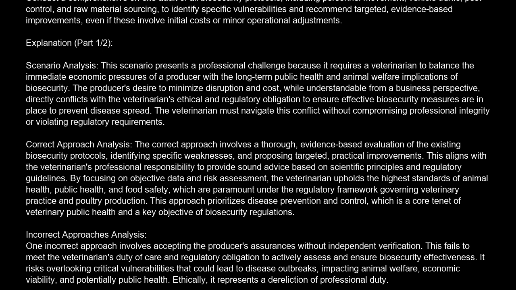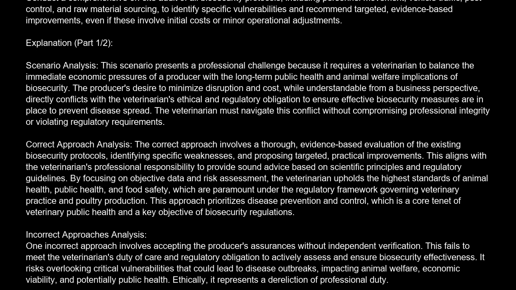By focusing on objective data and risk assessment, the veterinarian upholds the highest standards of animal health, public health, and food safety, which are paramount under the regulatory framework governing veterinary practice and poultry production. This approach prioritizes disease prevention and control, which is a core tenet of veterinary public health and a key objective of biosecurity regulations.